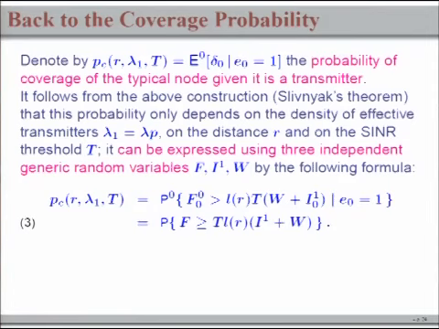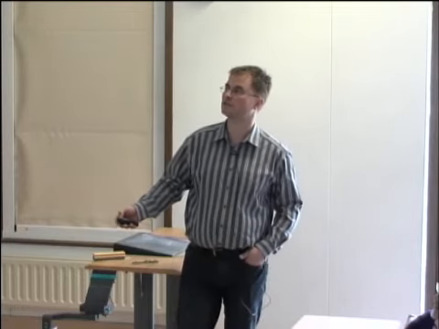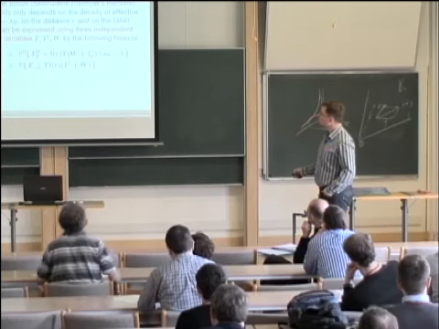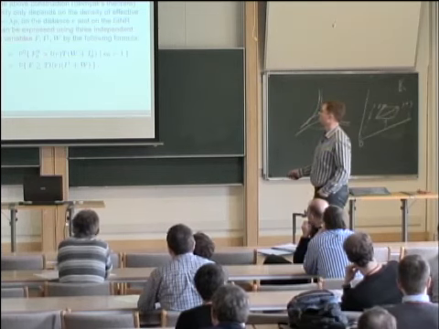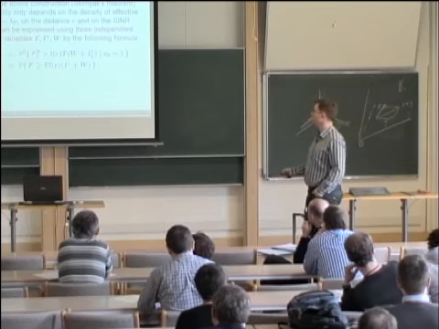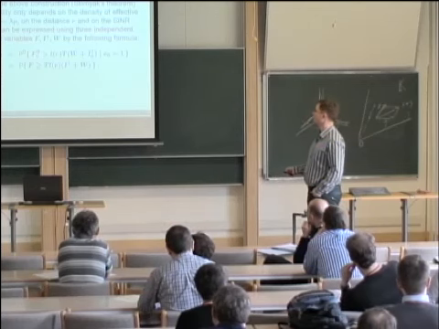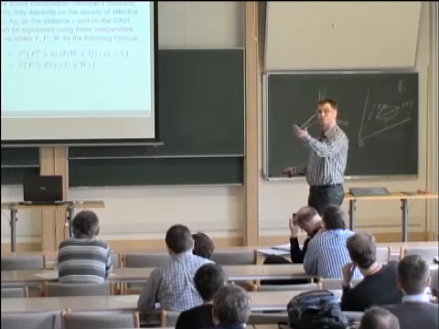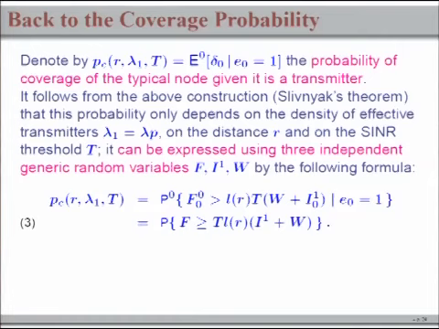This is nothing more than the probability that the quality of the channel for this node is larger than something, and this something being noise plus interference multiplied by the threshold and then by this attenuation function. This is just how we have rewritten the ratio SINR, signal to interference plus noise. And now you'll observe that here you have three independent random variables: this fading, the noise, and the interference created by other nodes, independent of the quality of my channel.